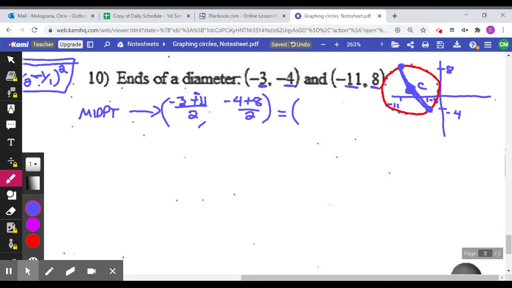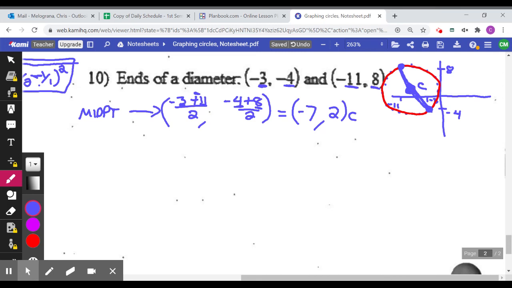So -3 plus -11 gives us -14. -14 divided by 2 would give us -7. Then when we look at the y's, the -4 plus the 8 is +4, and 4 divided by 2 is 2. So that's the midpoint, which really is the center. And if you look, that kind of looks like it's at -7 too. All right, so I have the center.